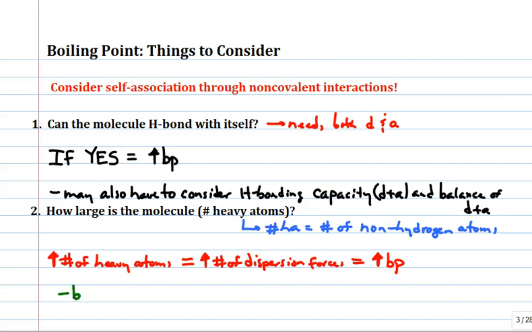So here's the rule: branching of hydrocarbon or alkyl groups tends to lower boiling point. So these are things you need to think about. Can the molecule hydrogen bond with itself? How large is the molecule? And is there any kind of branching, any branched carbons in the molecule?